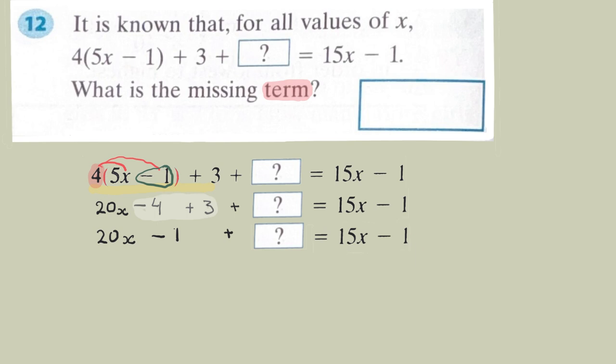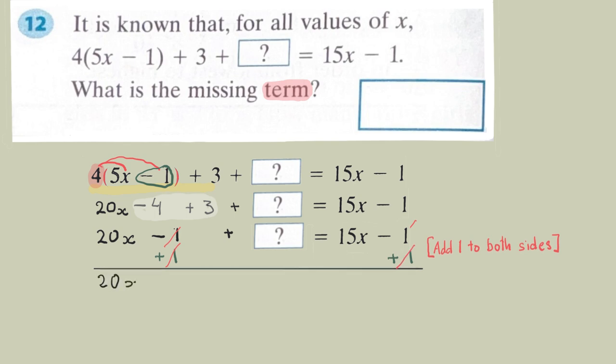Now we'll start removing the minus 1, and we do that by adding a 1 to this side, and therefore we must also add a 1 to the right hand side. This will mean that minus 1 and 1 will be eliminated, as well as minus 1 plus 1 here will be eliminated. And we're left with 20x plus our unknown term, as well as 15x on the other side.